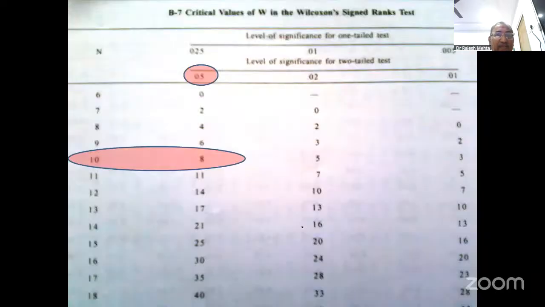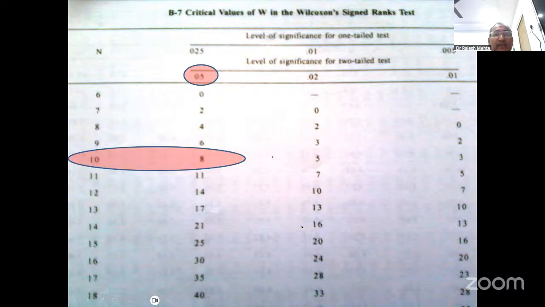Here is the table. This is 0.05. Now look at this: N is 10, the value is 8. And this is 0.02. Now our data shows 12, so 12 comes on this side.